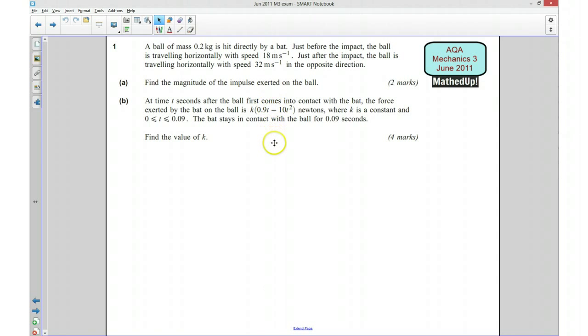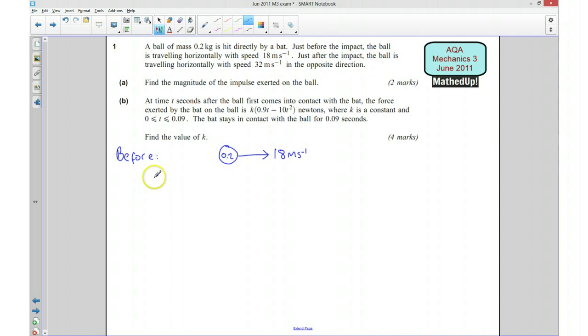In question 1, a ball of mass 0.2 kilograms is hit directly by a bat. Just before the impact, the ball is travelling horizontally with a speed of 18 meters per second. So before, we've got the ball, and I'll put the mass inside, 0.2, and it's travelling with a speed of 18 meters per second.